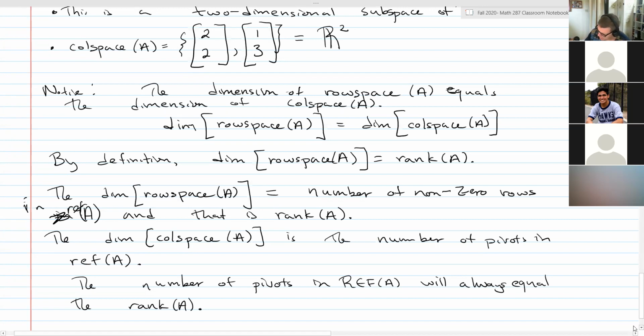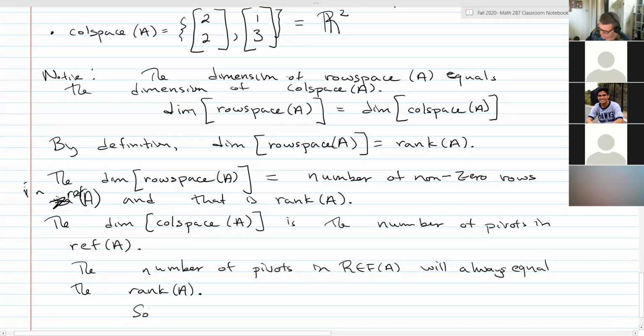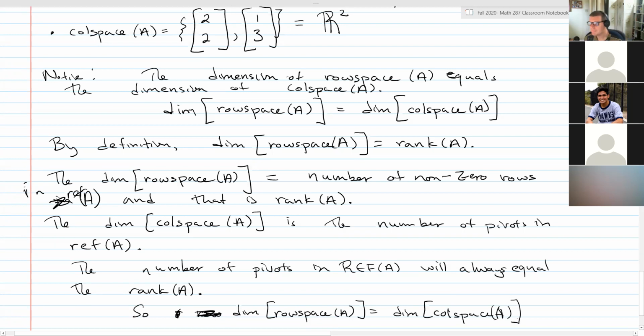And so the dimension of the row space of A equals the dimension of the column space of A. Which, by the way, equals the rank of A.